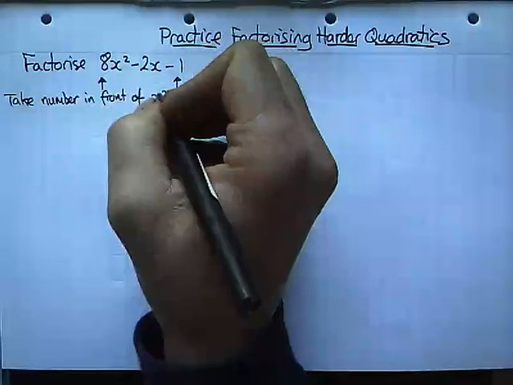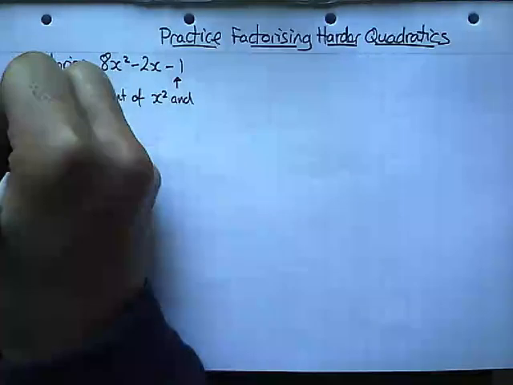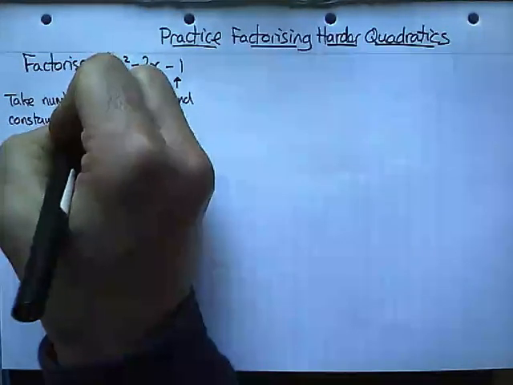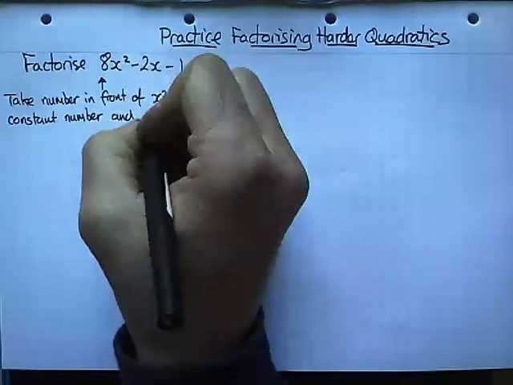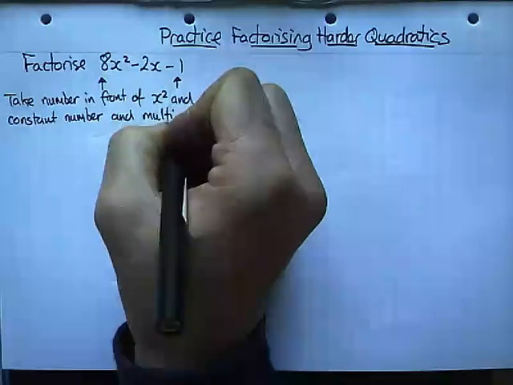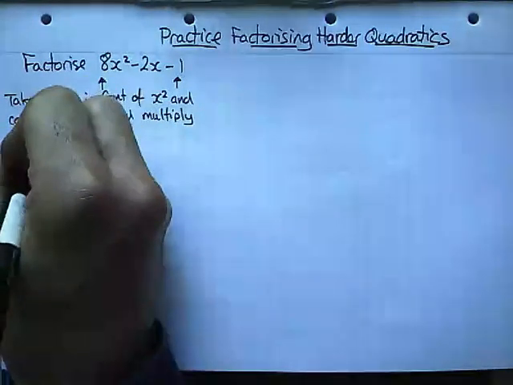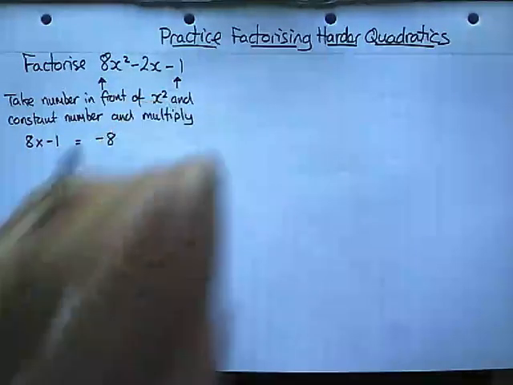And the constant number, or the term, it's actually what you want to call it, and multiply. Okay, that's your first step. So 8 times minus 1 is equal to minus 8.